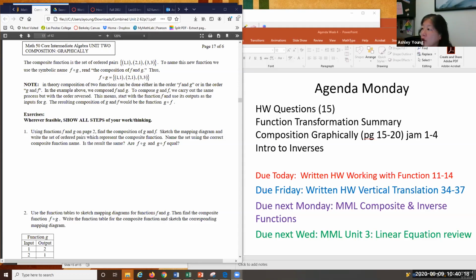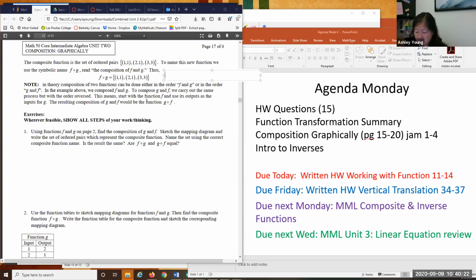F of G, I like to rewrite as F of G of X. And if you had G of F of X, that would be G of F of X. So that's the order it goes in. You do F first, and that output is what you throw into G. Make sure you pay attention to that because it's important.